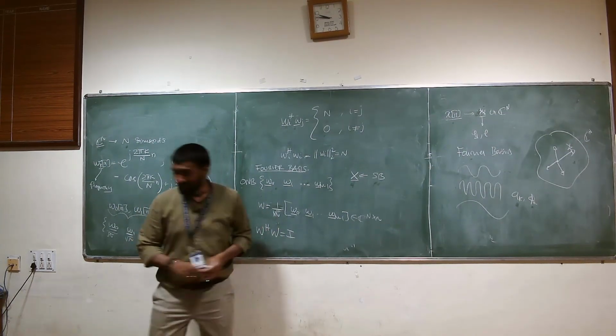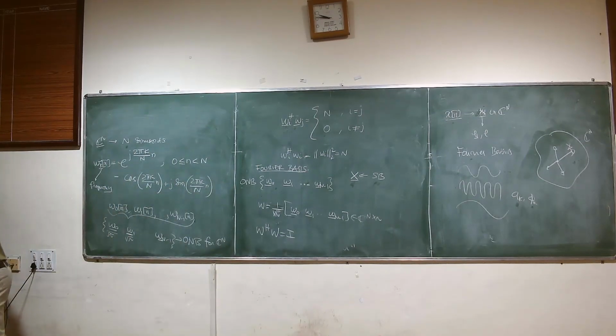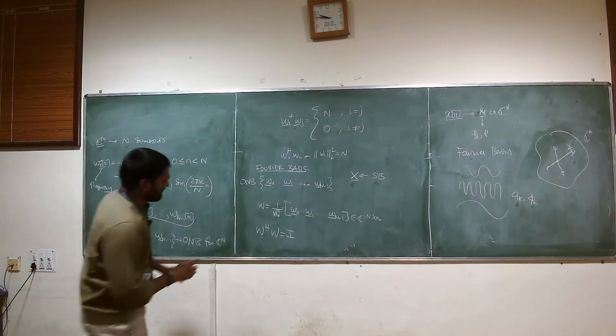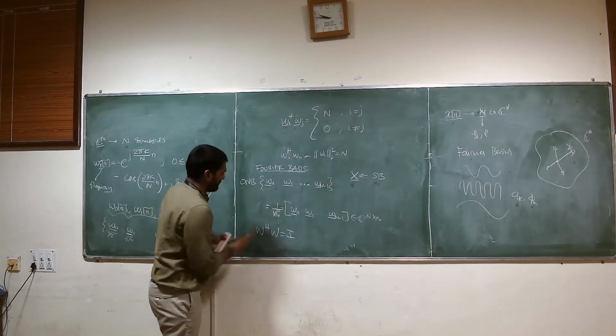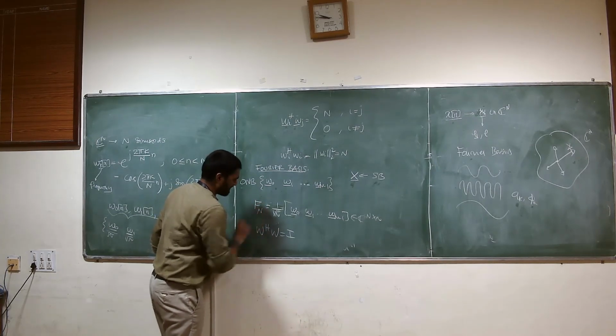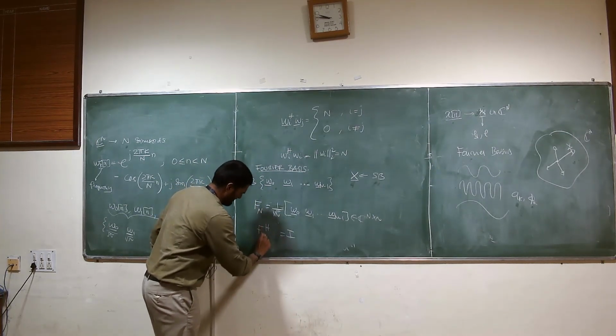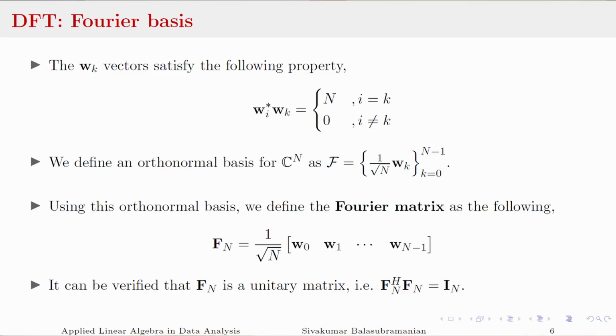I think I've used the symbol F for the matrix, so maybe I'll stick with F instead of W to stand for Fourier. F capital N.